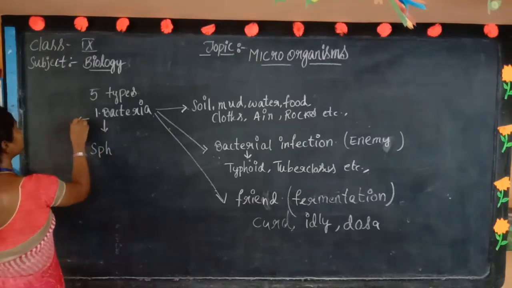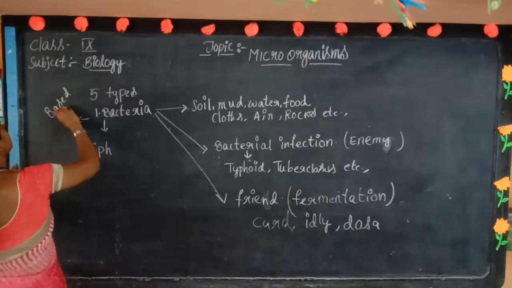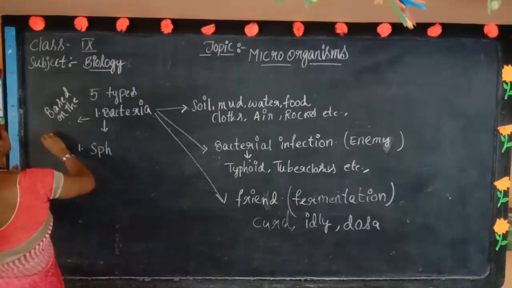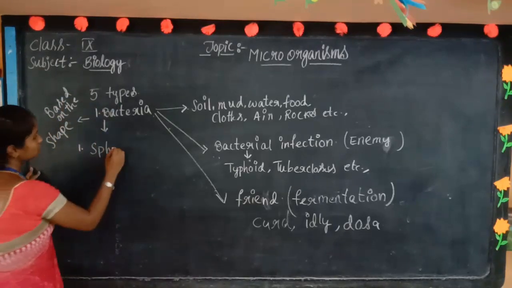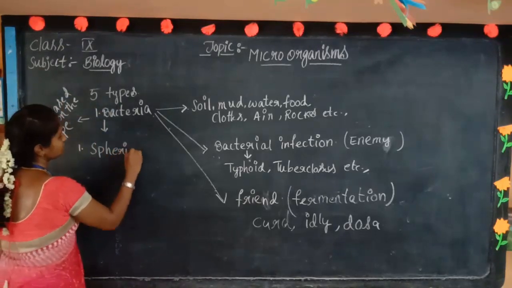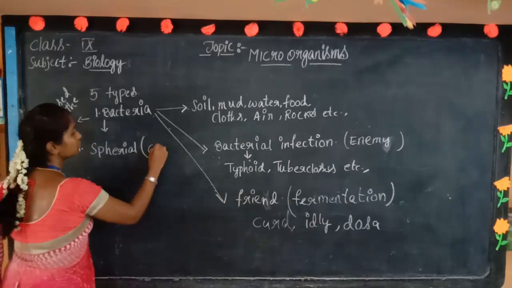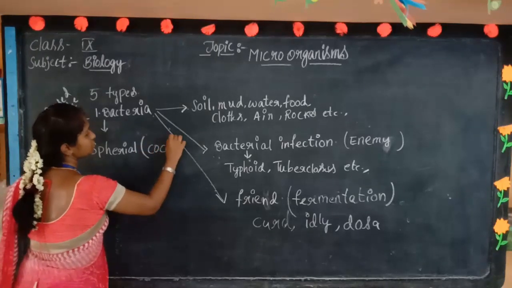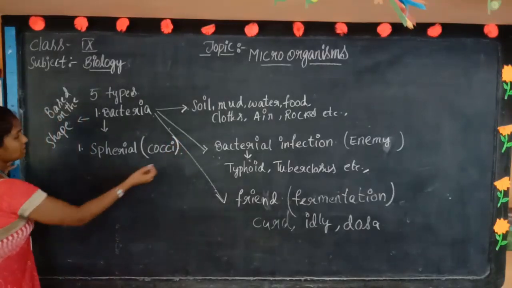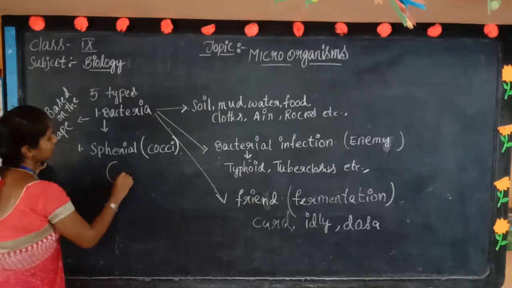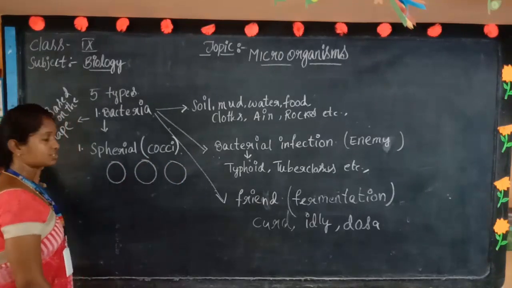Based on the shapes, bacteria are divided into five types. The first one is spherical shaped bacteria, which we call cocci. Spherical shaped bacteria have a round structure.